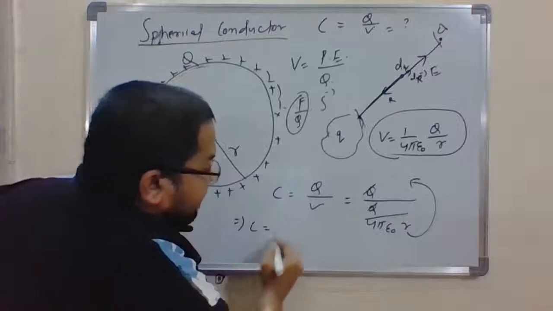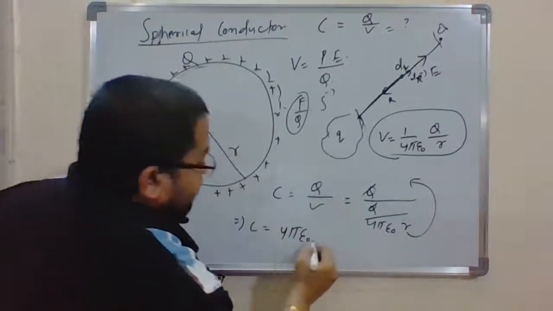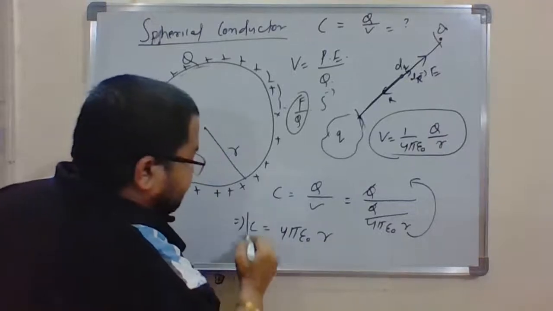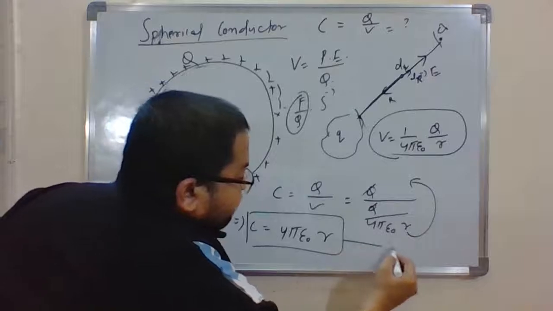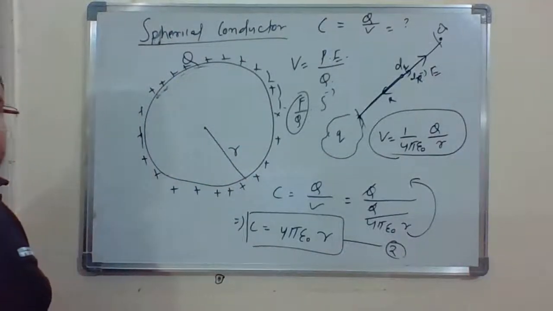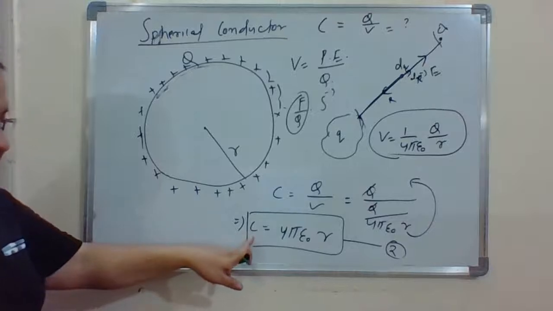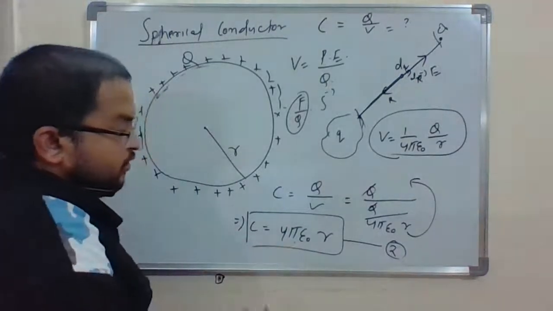So C will be nothing but 4 pi epsilon naught into the radius of this spherical conductor.